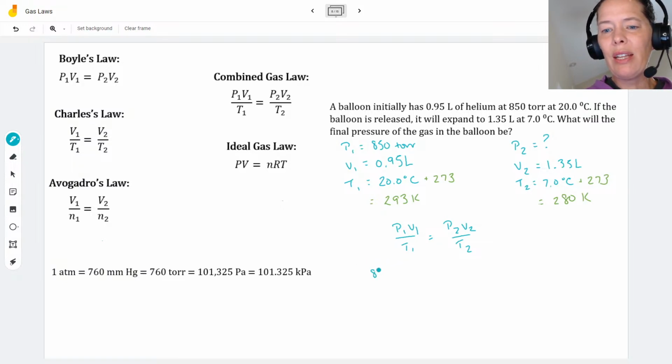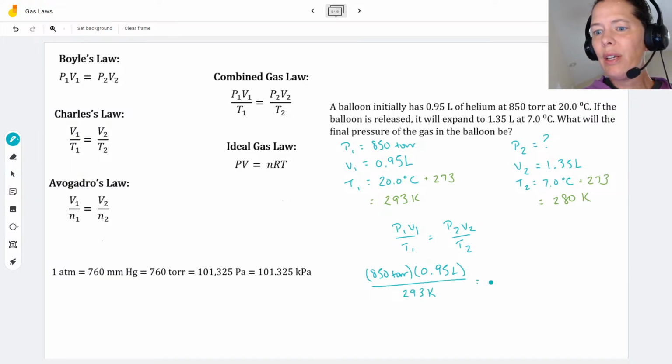We have 850 torr times 0.95 liters over 293 Kelvin. And this gives us whatever our pressure 2 is times 1.35 liters over 280 Kelvin.